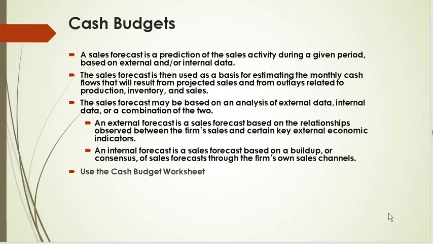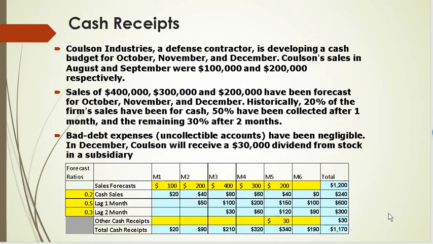So we'll base this off of sales, but we also need an understanding of what happens in production, what happens in inventory, what happens in accounts receivable. How do those variables change with respect to developing a forecast of short-term cash needs? Here we have a company developing a cash budget for October, November, December. The sales in August and September were 100,000 and 200,000.